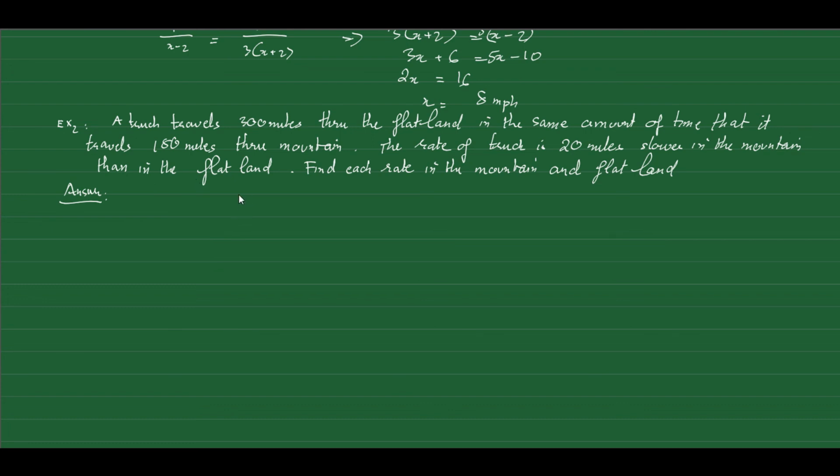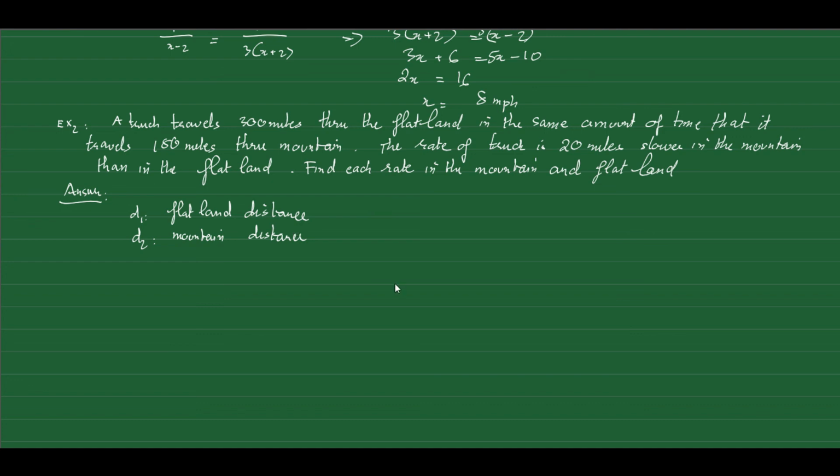Okay, so we have the distance of the flatland right here. So D1 is the distance of the flatland and D2 is the mountain. So the rate in the mountain is slower.